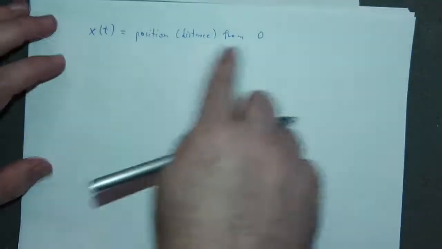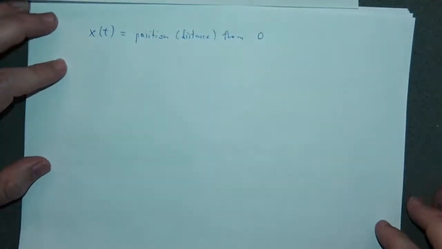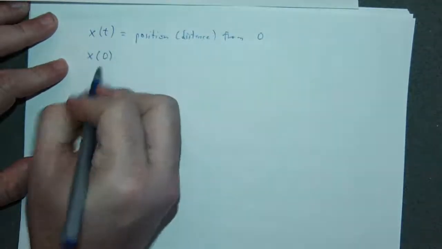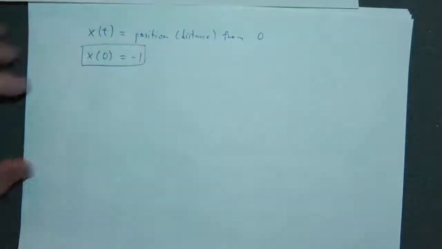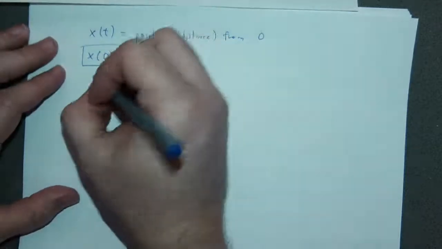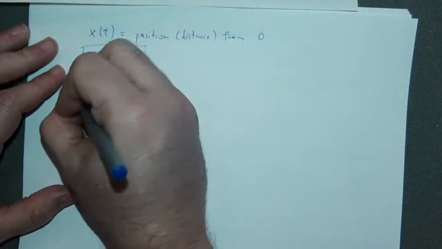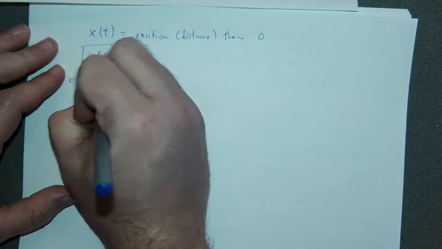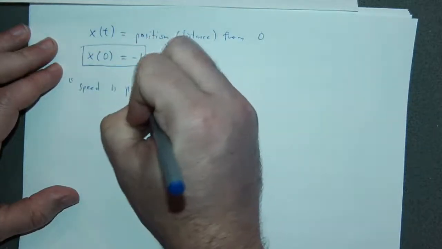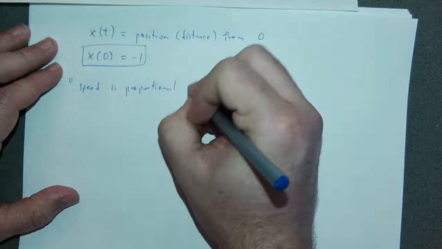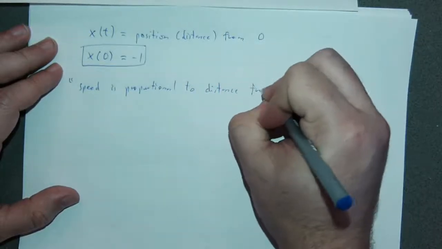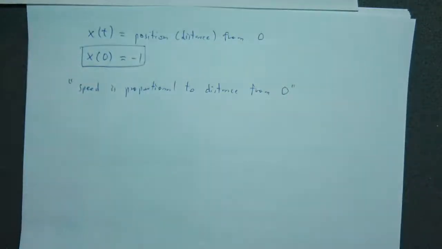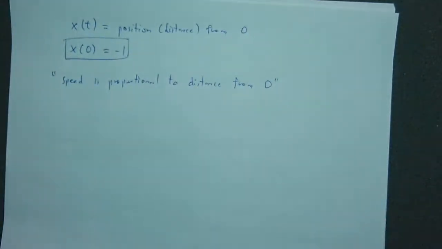This is my displacement from 0, if you like. Thus my position when t is equal to 0 is -1. And I'm told that speed is proportional to distance from 0. That was the key defining thing about what's going on here.